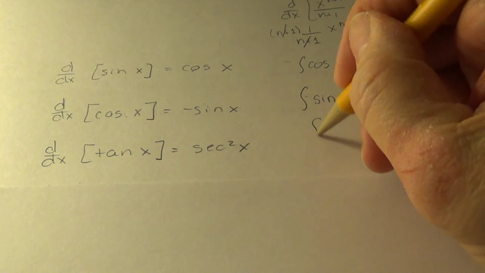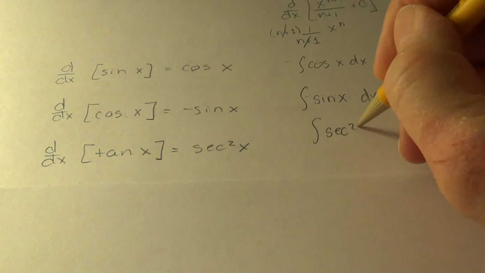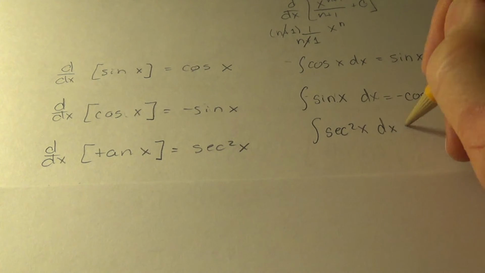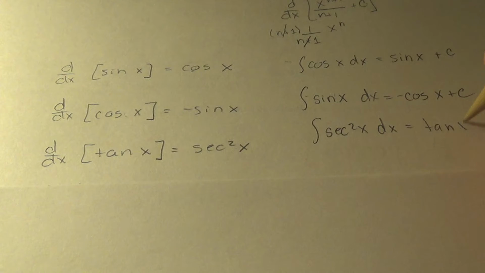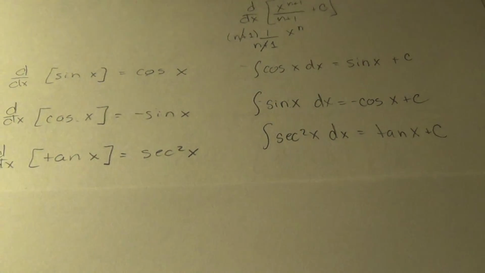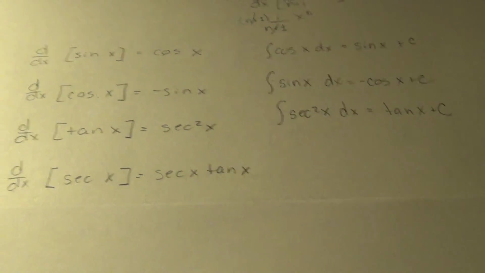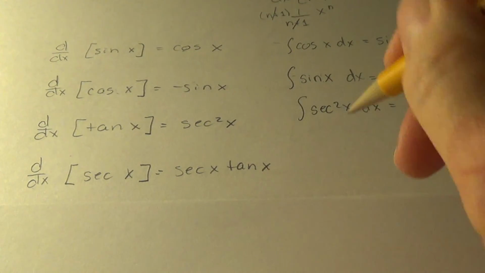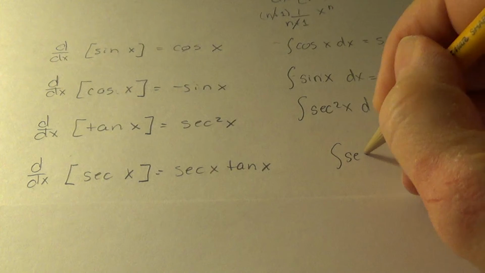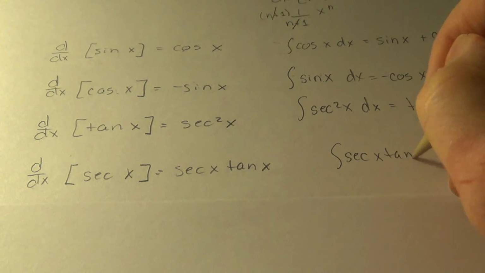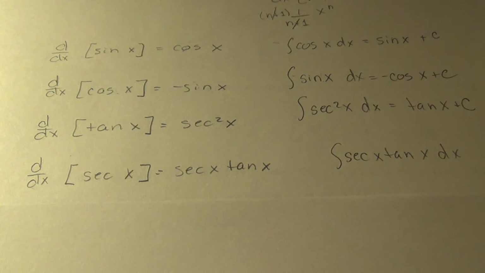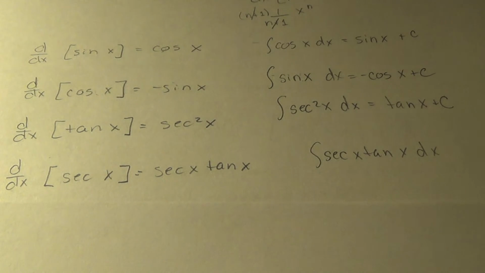Doesn't come up a whole lot, but when it does, we know that the integral of secant squared is tangent. All right. The next one, the derivative of secant x is secant tan, and the integral of secant tan is secant plus c.